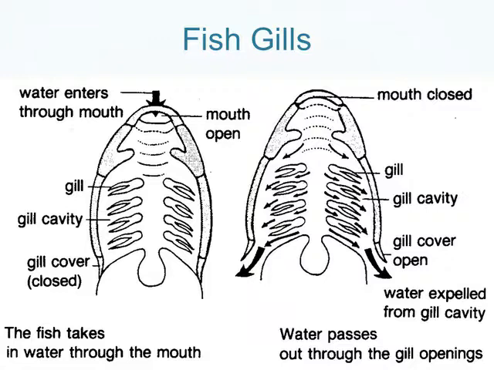And when he closes his mouth, his gills open up, pushing that water over the gills, and causes the oxygen to be pushed into the gills and into the blood system.